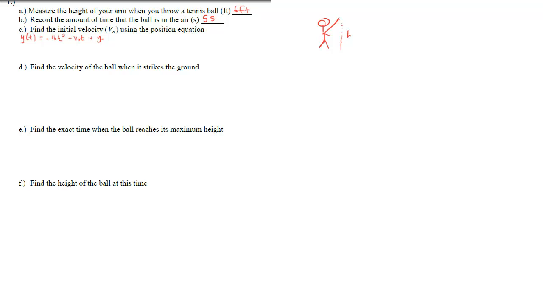All right, well, our initial position is the height, because that's where we're starting. Y of t equals negative 16t squared plus v naught t plus 6. All right, so let's see here what we're looking at.